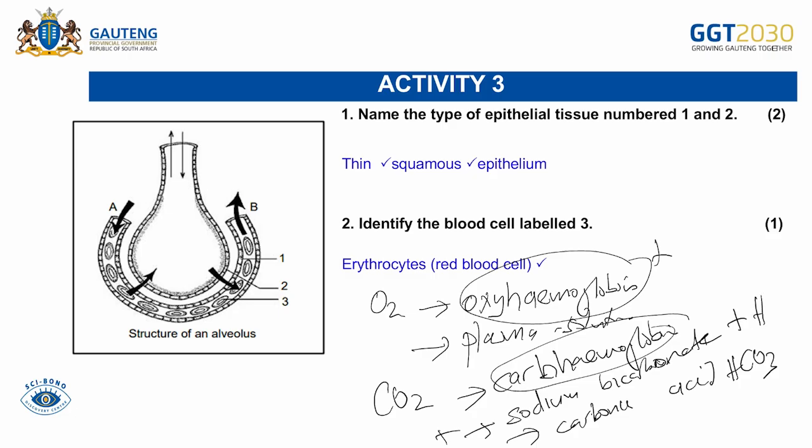Sodium bicarbonate, which is NaHCO3, and this is just a little bit of hemoglobin with carbon dioxide. So they can ask you, list 3 ways in which carbon dioxide is carried in the blood. Solution in plasma in the form of carbonic acid. The main form is sodium bicarbonate, and a little bit of carbon dioxide is carried as carbhemoglobin.